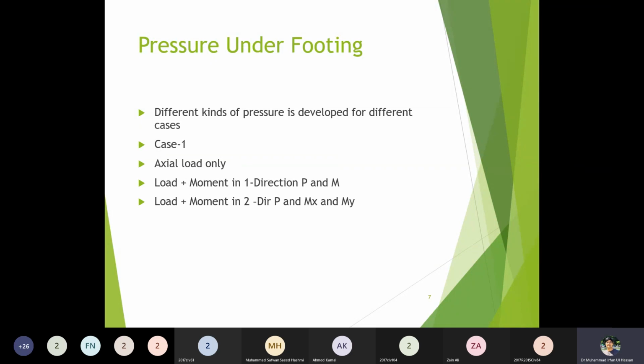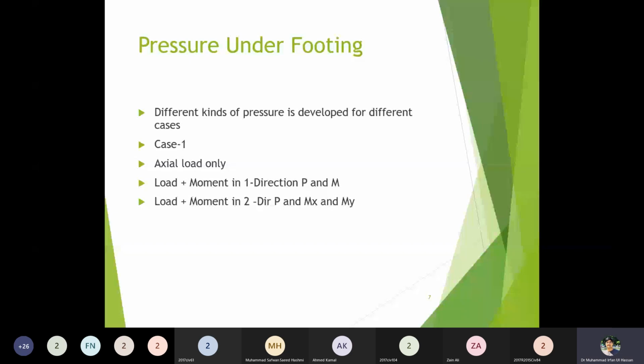Now next is a very important aspect: how to compute the pressures under the foundation system, because the pressure depends upon the cases. It can be axial load only, load plus moment in one direction, or load plus moments in two directions, P and Mx and My.